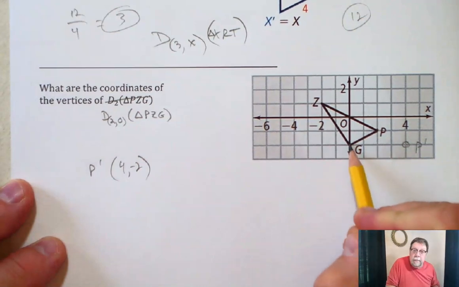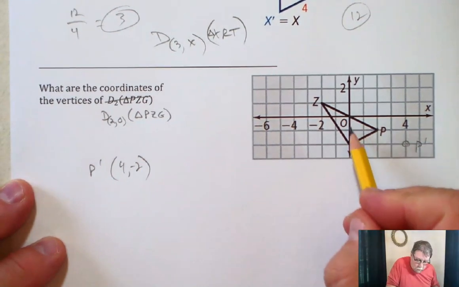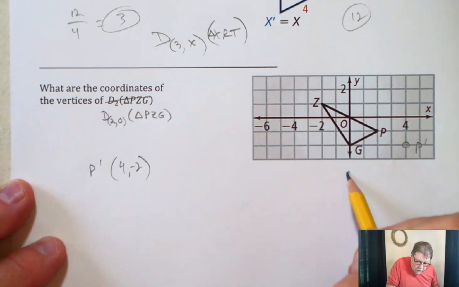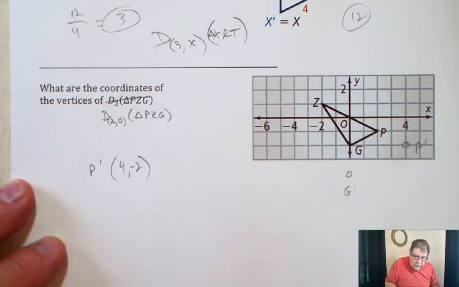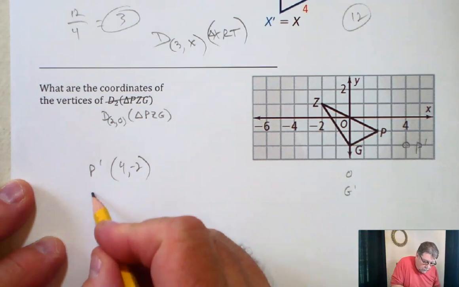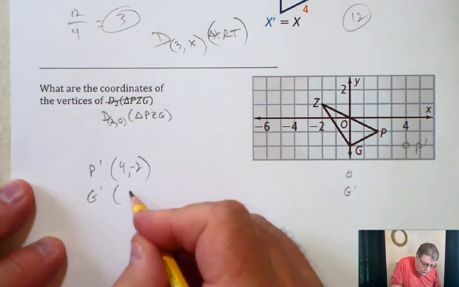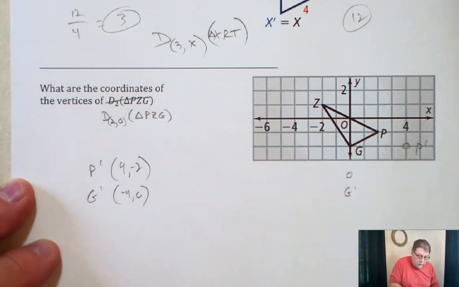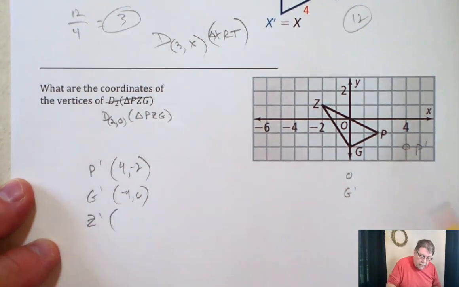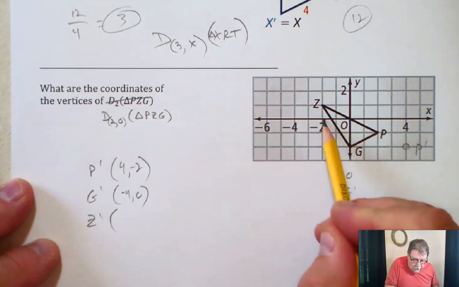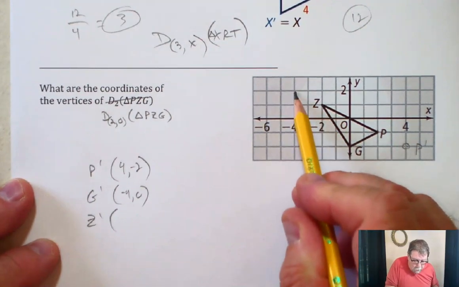G is here. If we go down 1, 2, we go down 1, 2 more, it's going to be right there. That's G prime. So G prime is going to be 1, 2, 3, 4, negative 4, 0. And Z prime, which is over here, if we go left 2, up 1, we'll go left 2, up 1 again.